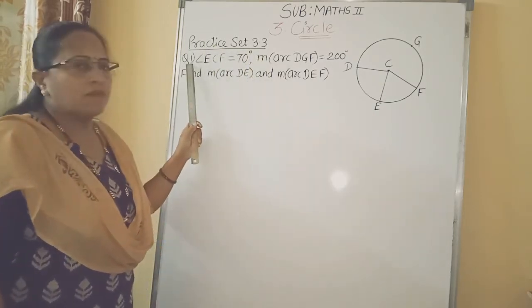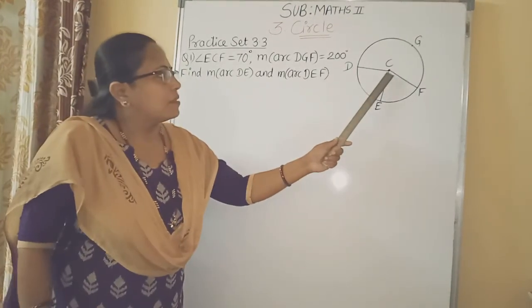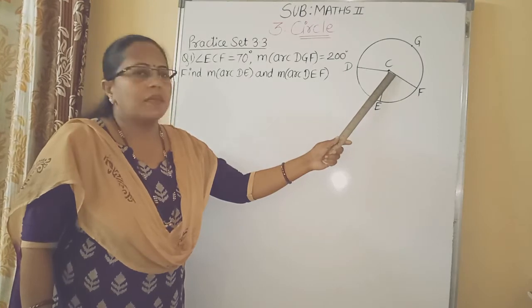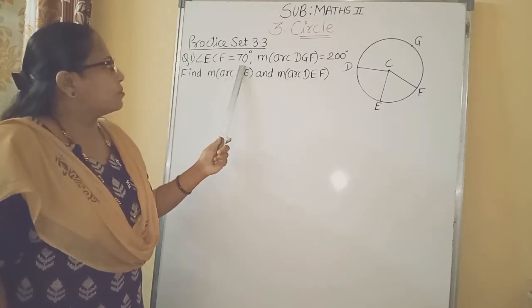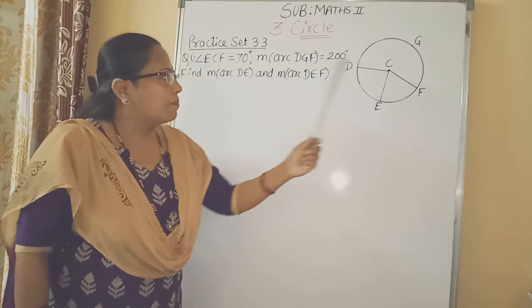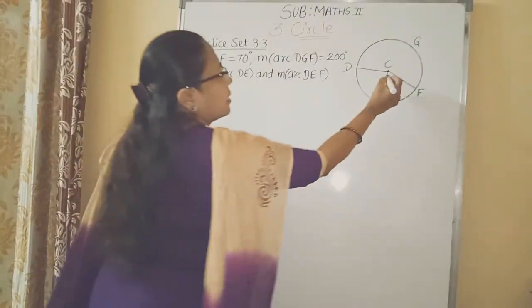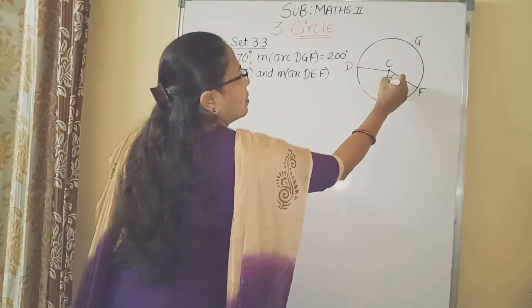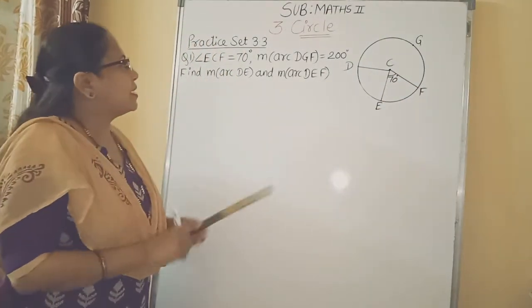Question number 1. In this question, circle with center C. In this circle, measure of angle ECF is equal to 70 degree.